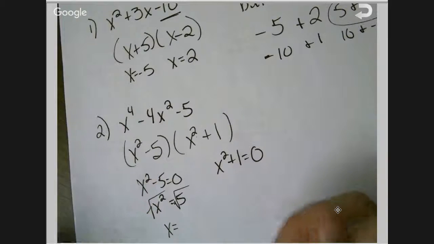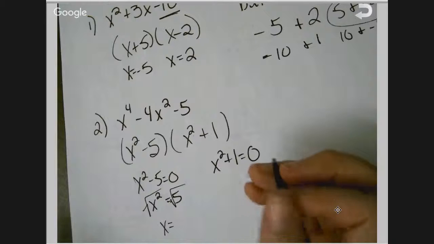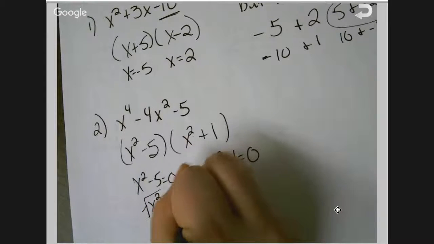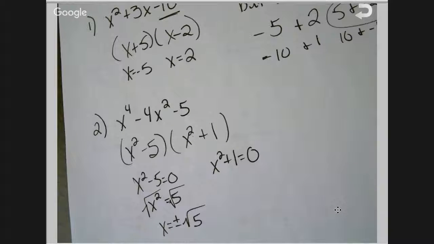Don't forget, because I know it's a common thing, when you take the square root, you do plus or minus. And 5 is not a perfect square, so we just leave the square root of 5. So I have a positive square root of 5, I have a negative square root of 5. Any questions about that part before I move to the next one to solve?